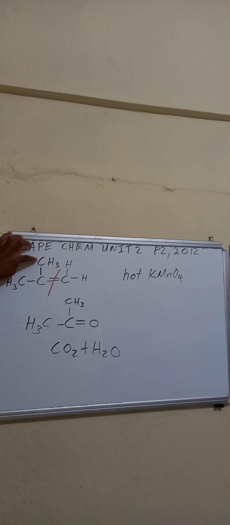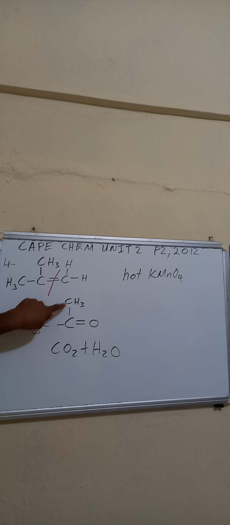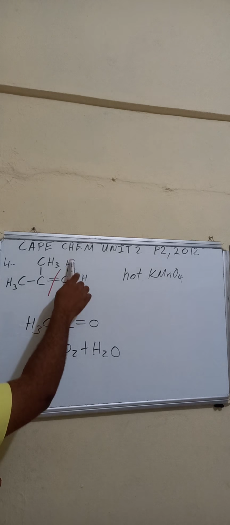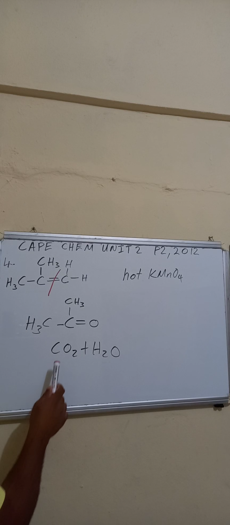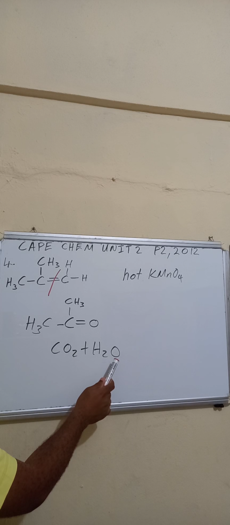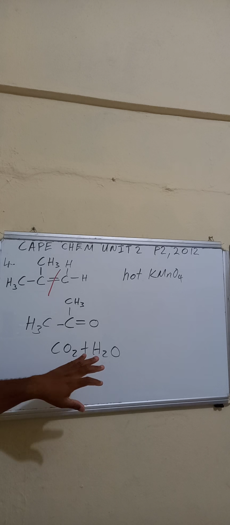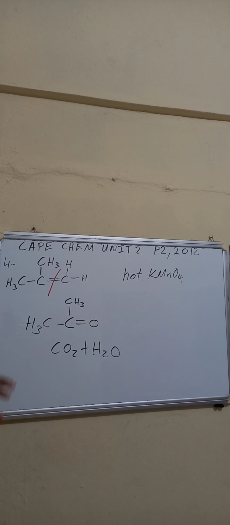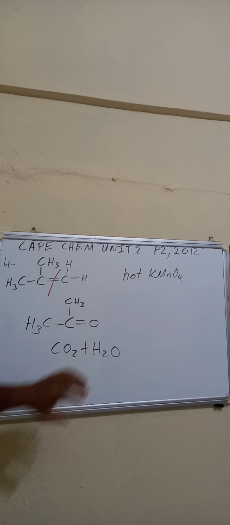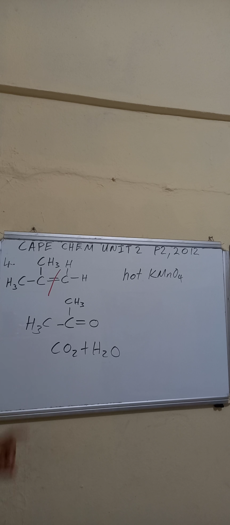If you have two hydrogens attached, you will get CO2 and water. So for this one, you will get a ketone and carbon dioxide and water when you react it with hot potassium permanganate. So these are the answers.